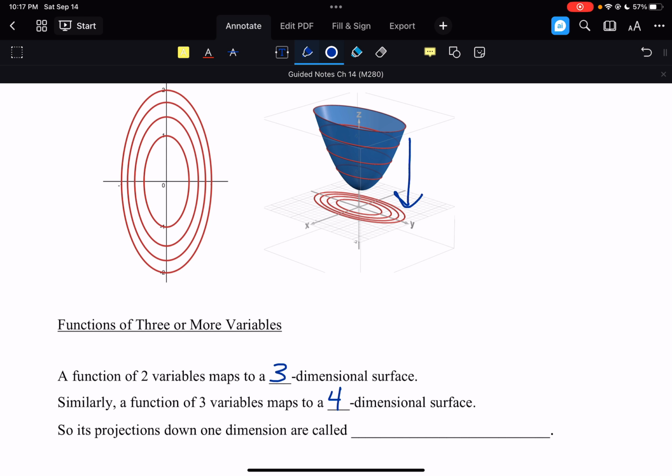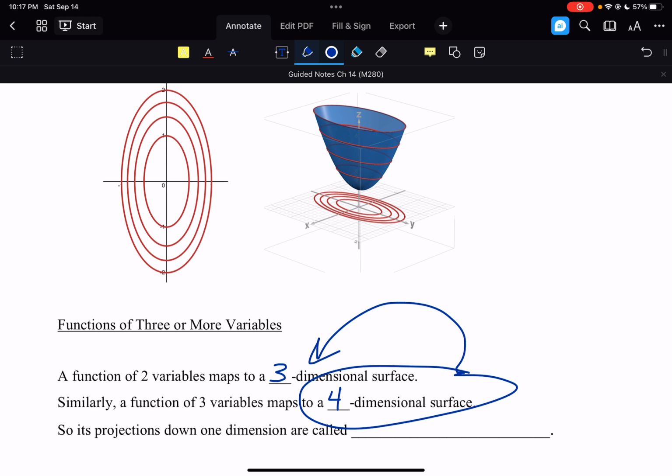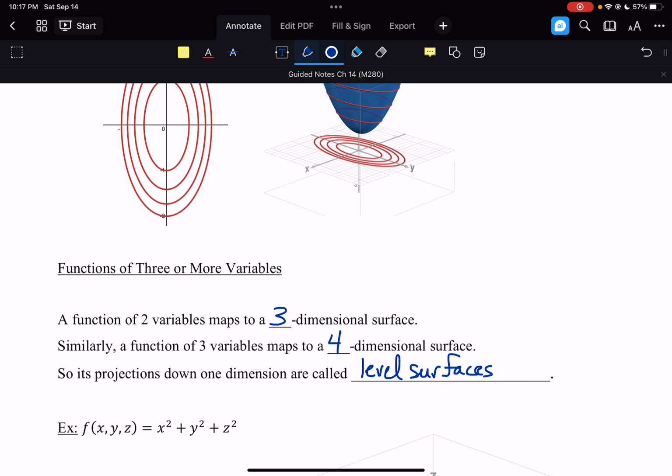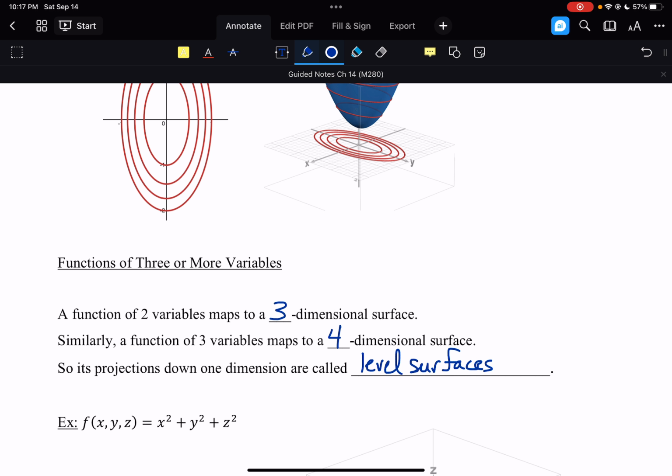We went from 3D to 2D. We can project 4D back down to 3D again, and we can visualize it that way. So the projections down 1 dimension for 4D are called level surfaces. So instead of level curves, we have level surfaces.